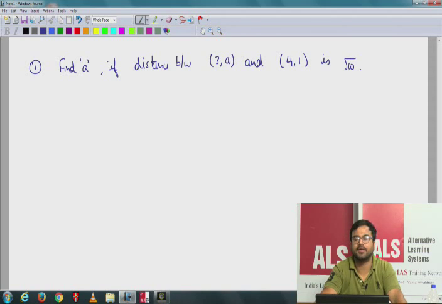How to solve the quadratic equation? There may be a quadratic equation in this one also, so you need to solve that one also.